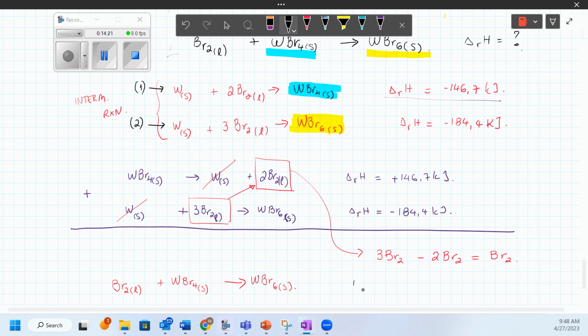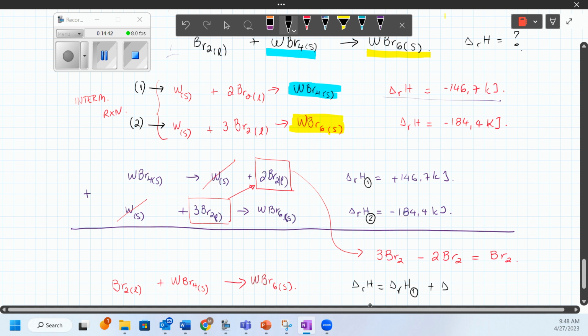Now, what do we have in terms of the enthalpy? In terms of the enthalpy of this reaction, we'll have whatever is the enthalpy of intermediate reaction 1 plus whatever is the enthalpy of intermediate reaction 2.